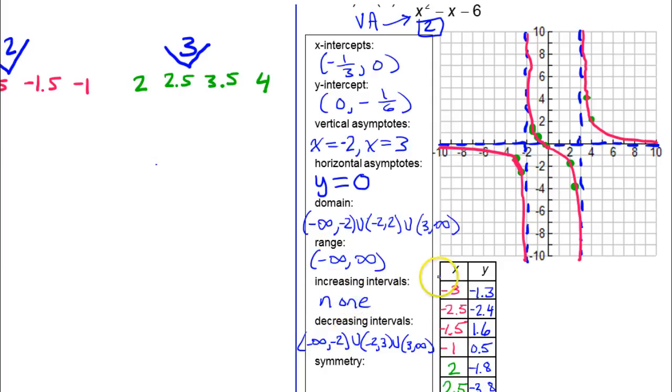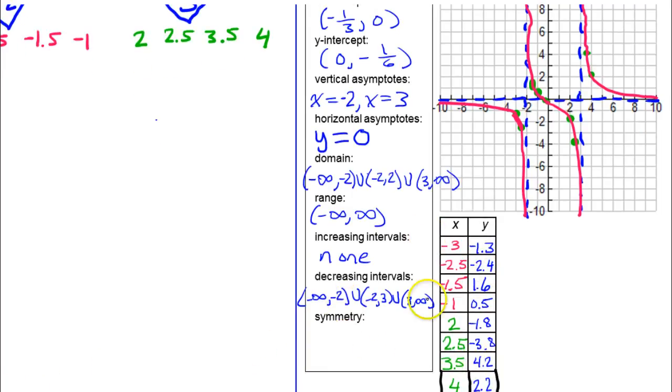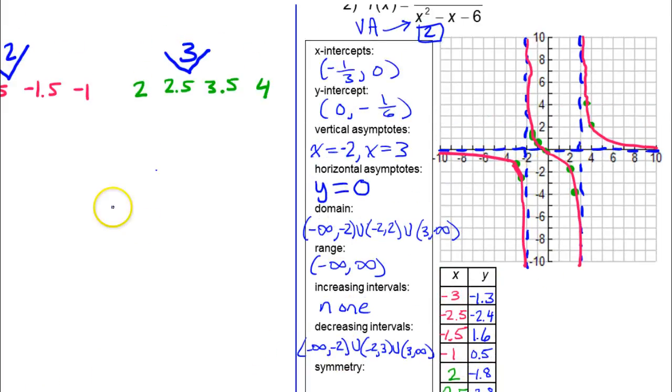Okay, now let's talk about symmetry. This is trying to be odd. So the options are even, odd, or neither. Now this is very close to being odd, but not quite.